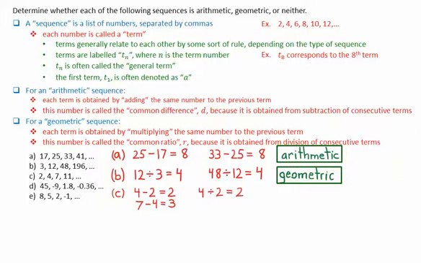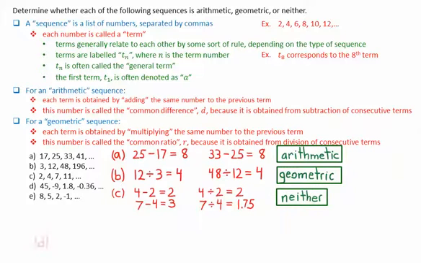We can also try dividing consecutive terms. 4 divided by 2 equals 2. And 7 divided by 4 equals 1.75. In this case, subtracting or dividing consecutive terms does not result in a constant. In this case, this is neither arithmetic nor geometric.